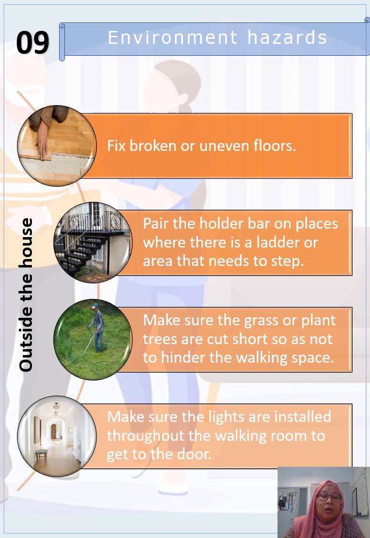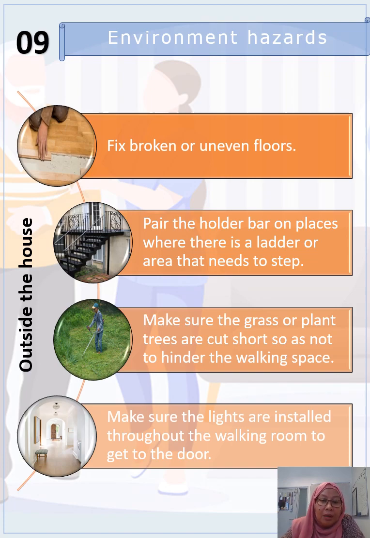Fix broken or uneven floors. Make sure that the floors are even, because sometimes when they walk, they can't really figure out the depth of the floor, and they may misstep and then fall.